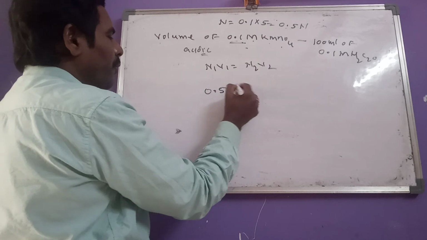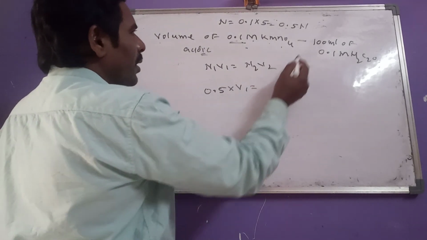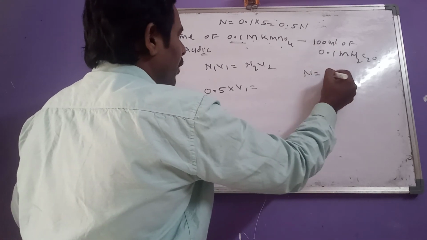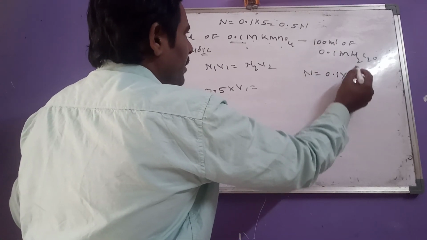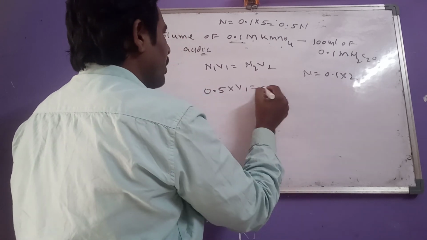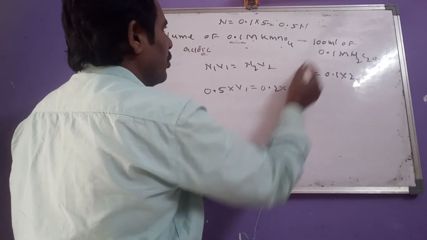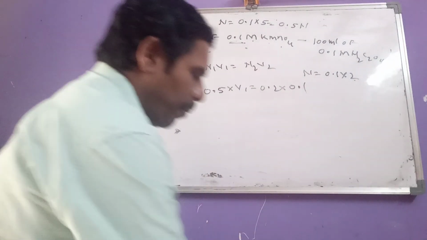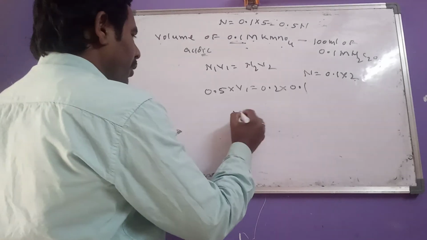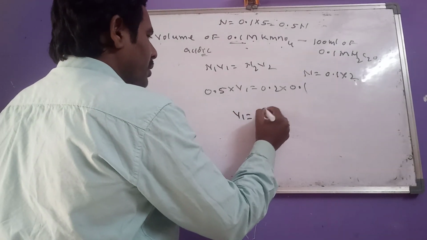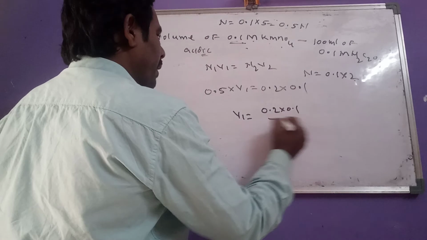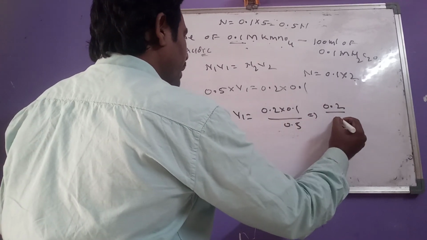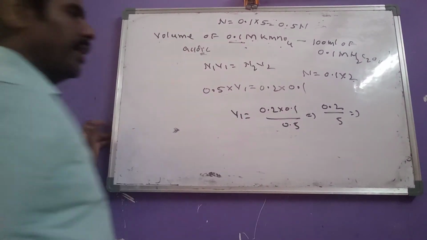So 0.5 into V1 equals N2, which we also have to calculate: 0.1 into 2, because oxalic acid basicity is 2. So 0.2 into 100 ml, which we change into liters, 0.1 liter. Therefore V1 equals 0.2 into 0.1 by 0.5, or you can write 0.2 by 5. So you can get that answer.